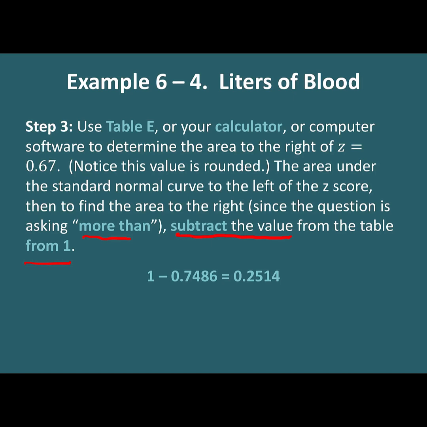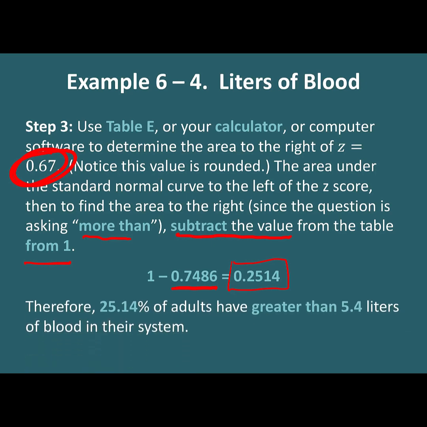So once again, this 0.7486 is the area to the left of our z value of 0.67. We are subtracting it from 1 to find the area that is to the right of that value. Therefore, 25.14% of adults have greater than 5.4 liters of blood in their system.